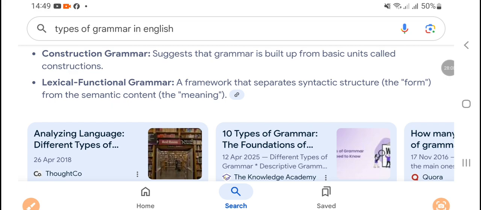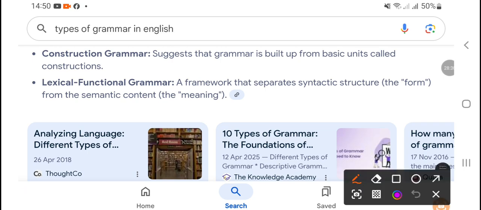Similarly, one more example: John eats bread, and bread eats John, because it is also noun, verb, noun. John eats bread, bread eats John, but that is wrong construction. So here I have to teach more about this construction.